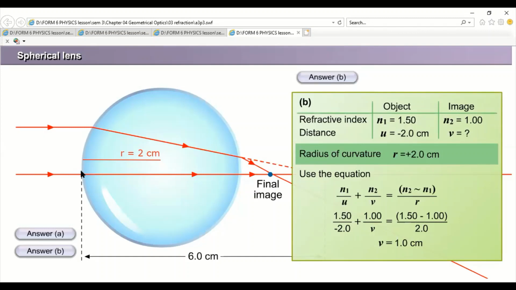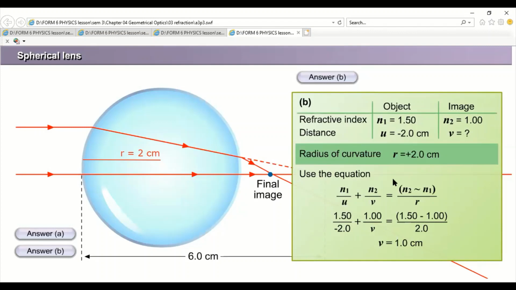The image formed by the left side of the curved surface becomes the object for the right side curved surface, so the object is virtual because the object is not real. It is not the real object here, just the image of the real object. The real object is at infinity.